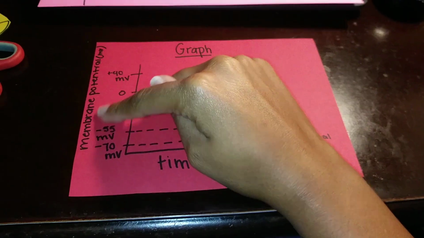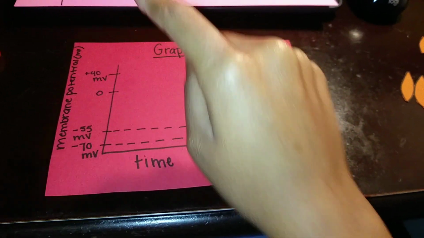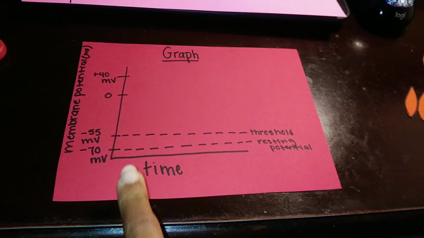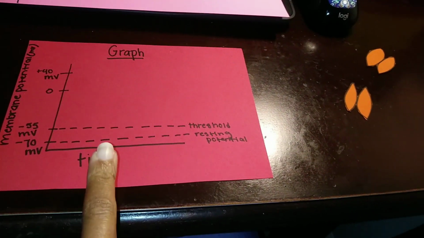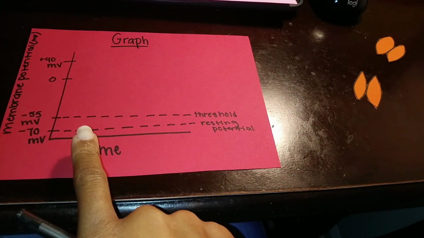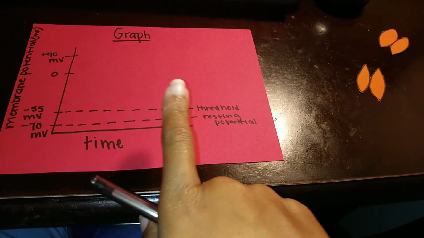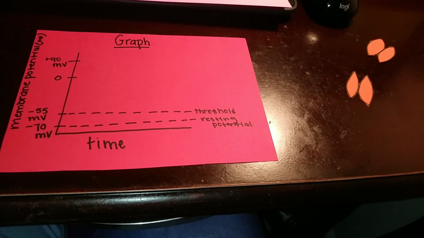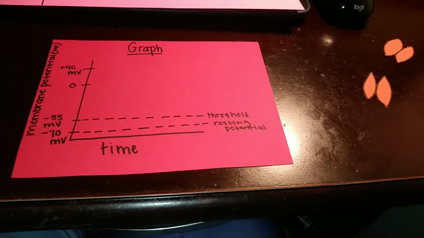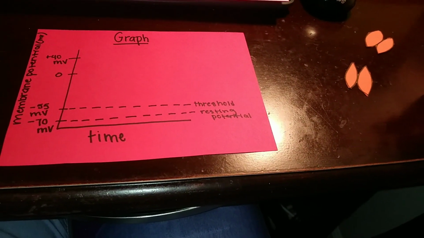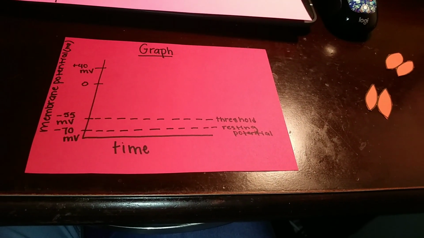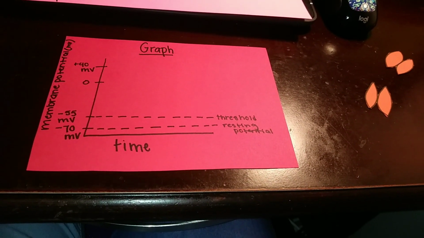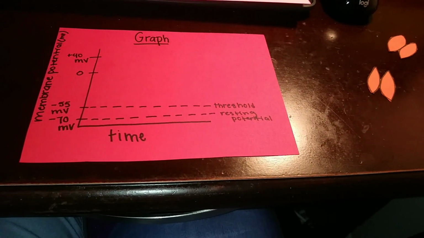This side is the membrane potential, or the mV, and this is the time it takes to get to that part of the graph. I'm trying to say, how long does it take for that period to last?